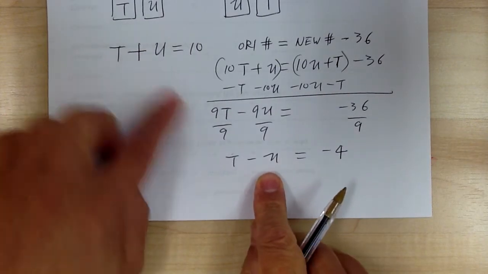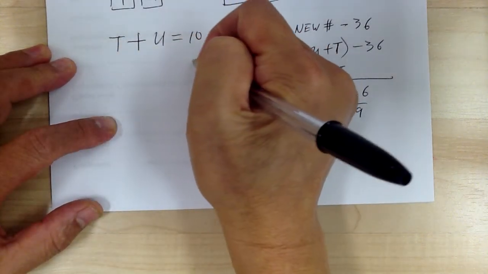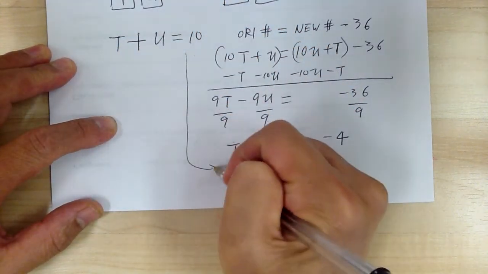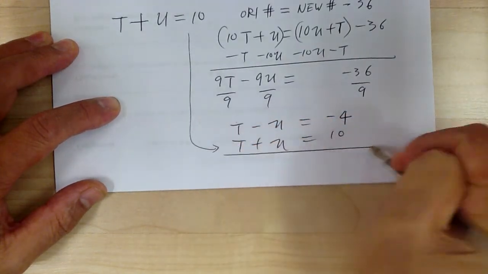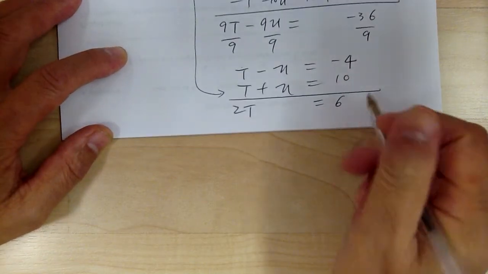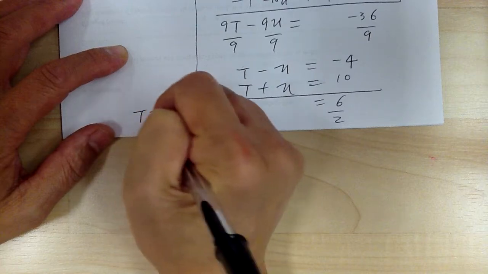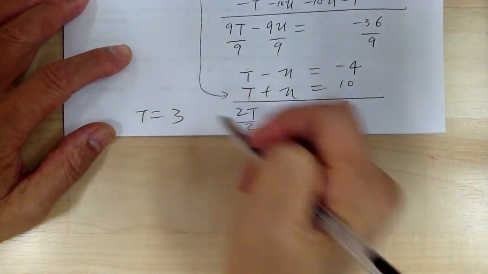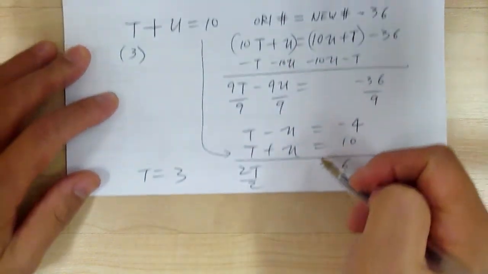Now these are opposite already, right? So I'm going to put this underneath to solve. So I got t plus u equal to 10. So I get 2t equal to 6. And I'm going to divide by 2. So I get t equal to 3. Once I get t equal to 3, I substitute into here.